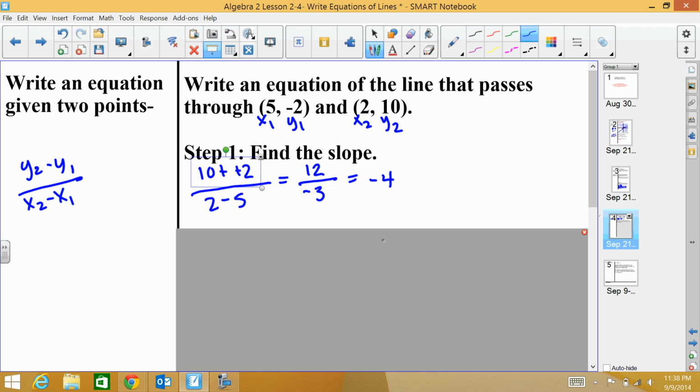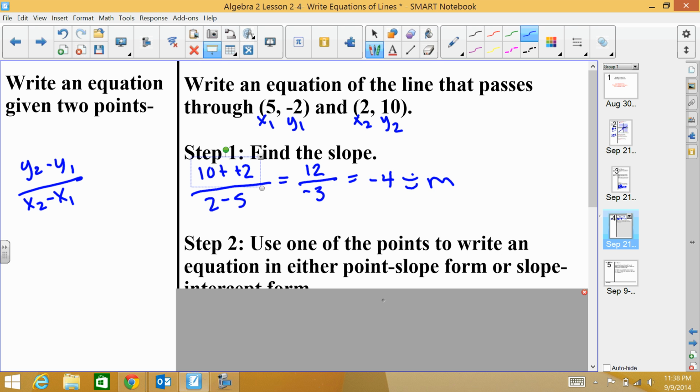So now I have my slope is -4, this is m, and then I can choose either one of these points to use and figure this out the same way I did previously, using either y equals mx plus b or point slope form. You can choose which way you want to do it.